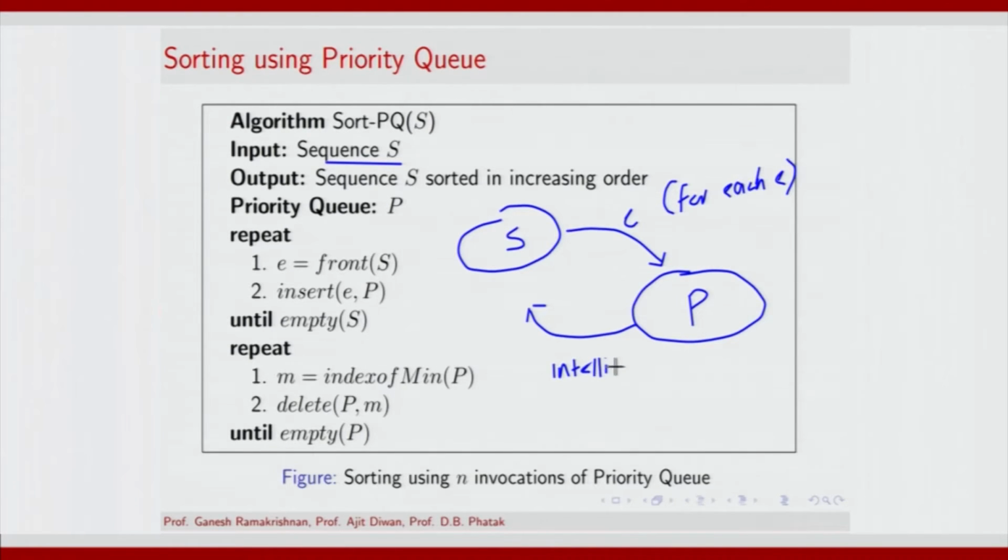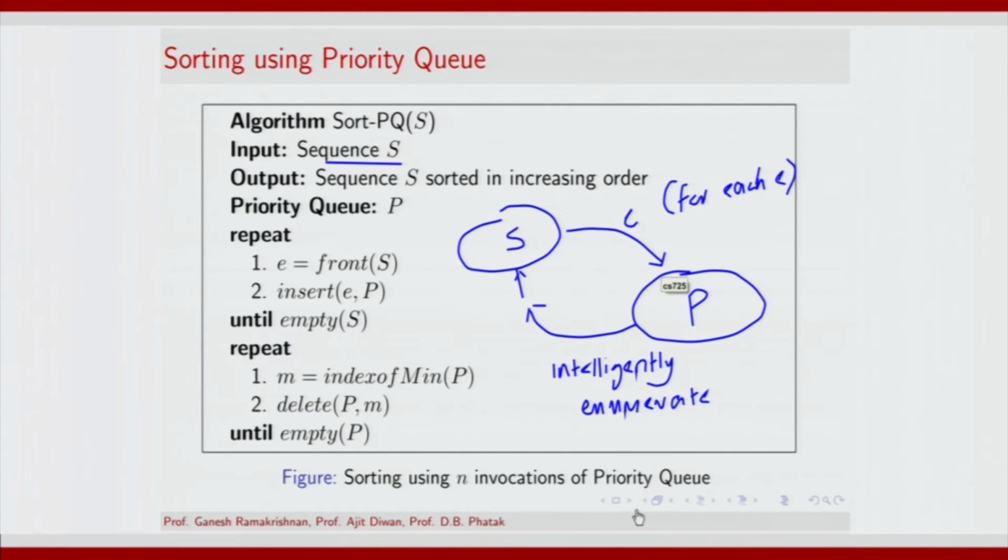So, you would intelligently enumerate elements from P and put them back into S. Of course, you want the intelligent enumeration and the insertion to be both as efficient as possible.